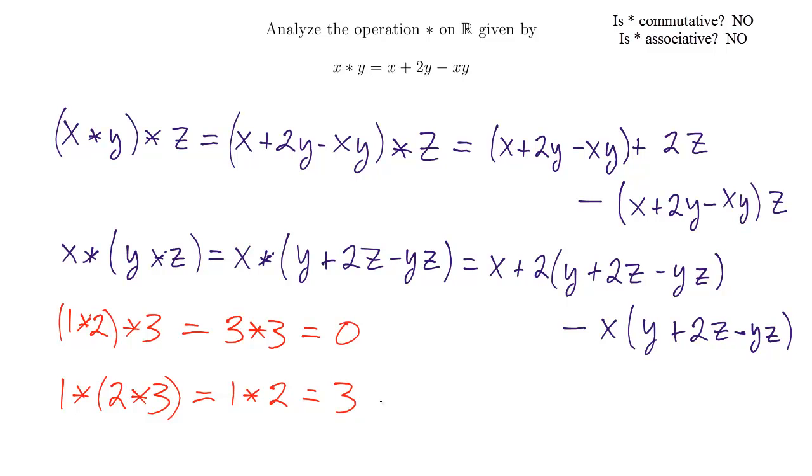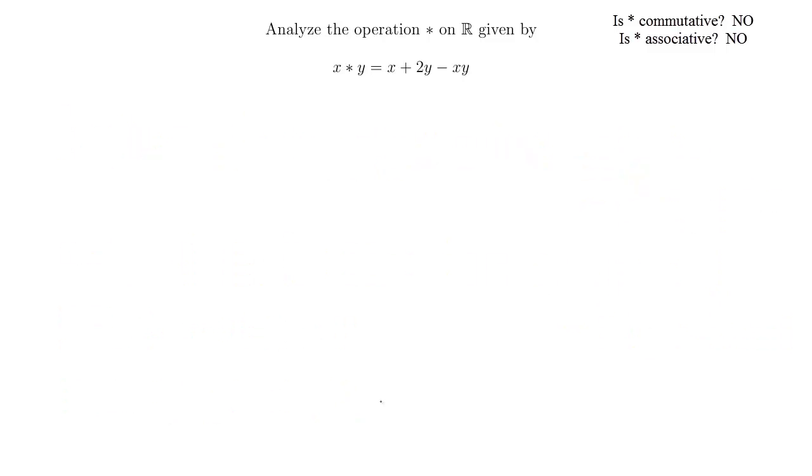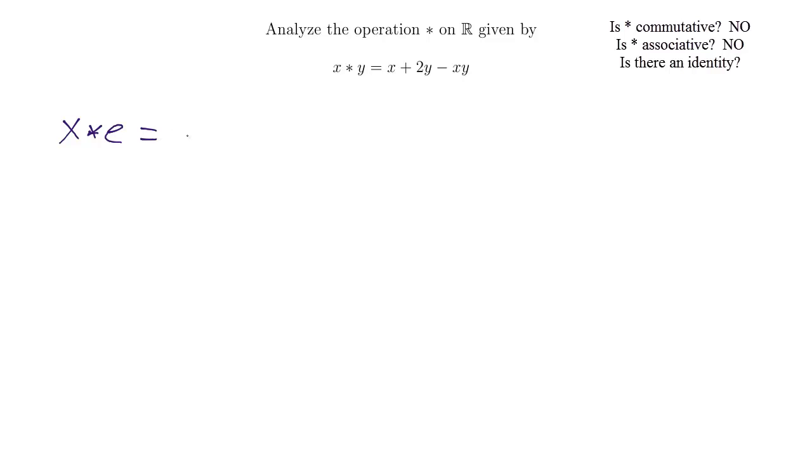All right, let's see if there's an identity for this operation. An identity for this operation would be an element e such that x star e would be equal to x. Now x star e, if we just write that out for what that is, that would be x plus 2e minus xe.